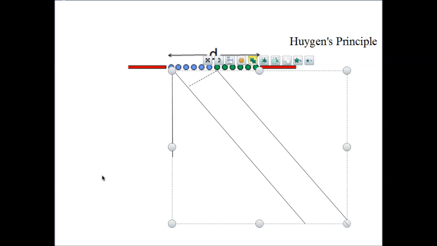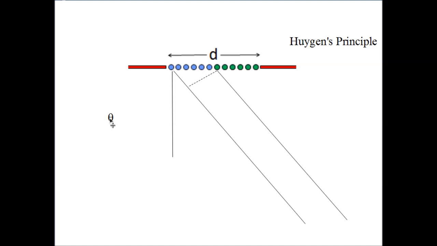Oh, and we lose our right angles. Tough. Okay, so we're trying to find the angle at which a nodal line occurs, and note that we don't get nodes along hyperbolas anymore. This time they're going to be along lines. Always when we measure an angle, we're going to measure it to the normal.